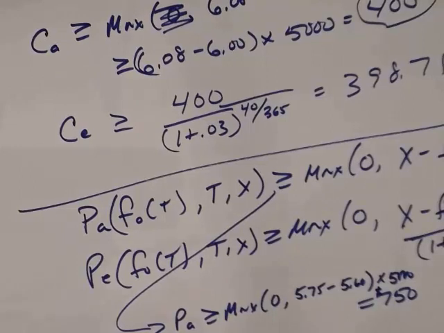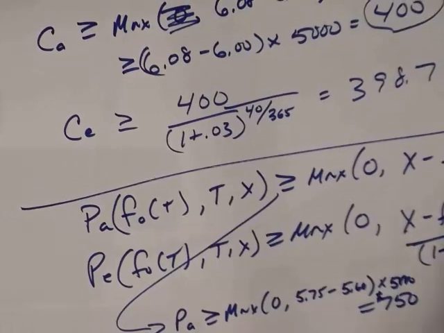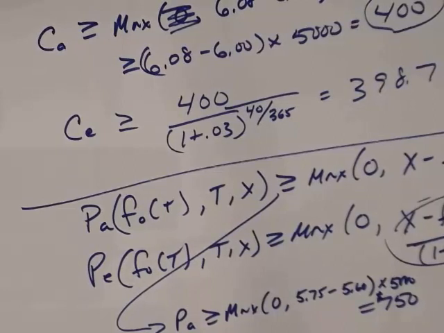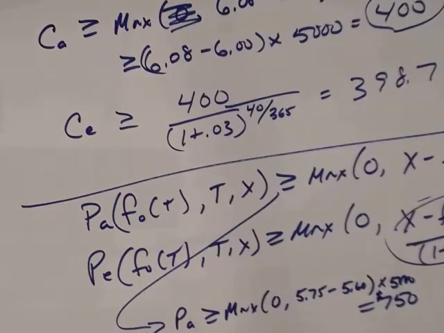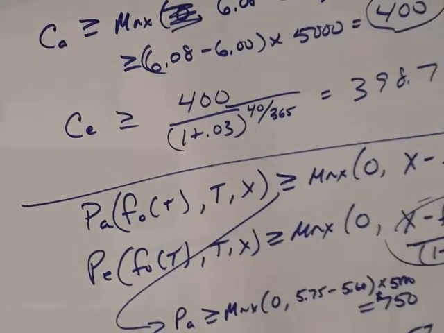Now, with the European, we have to discount everything back. So let's take the 750, divide it by 1.03 to the 40 over 365, and we end up with 747.57 as the lower bound on a European futures put option.